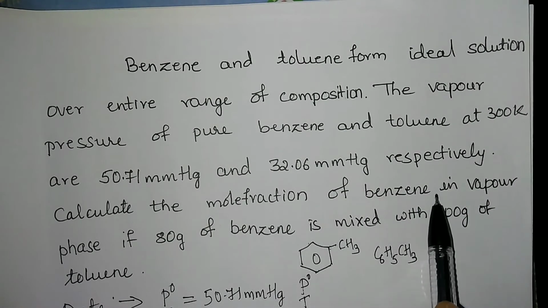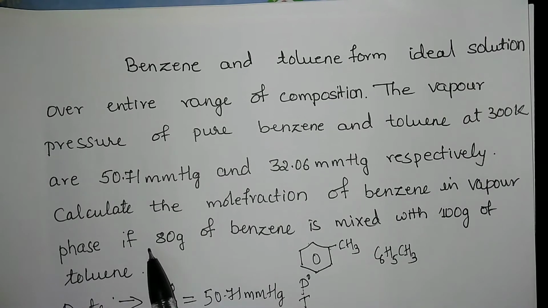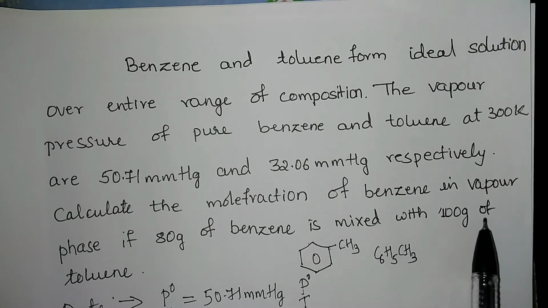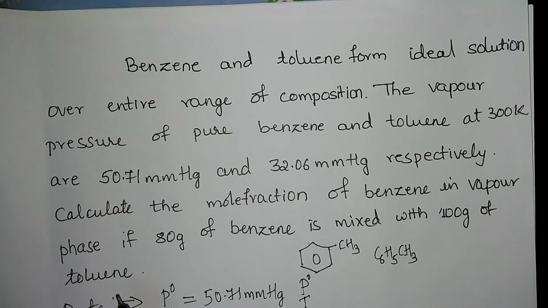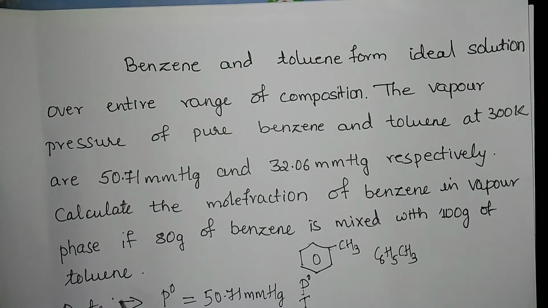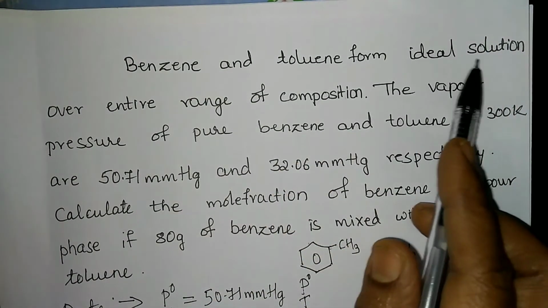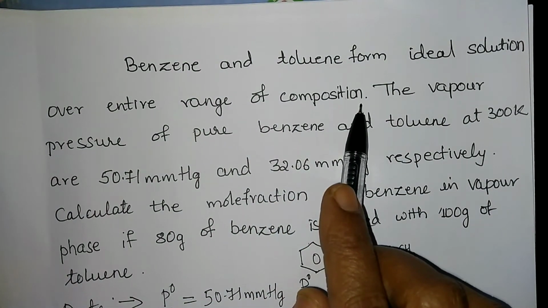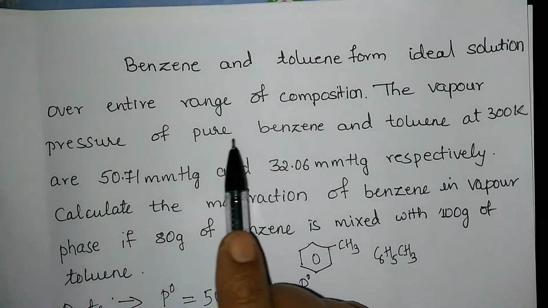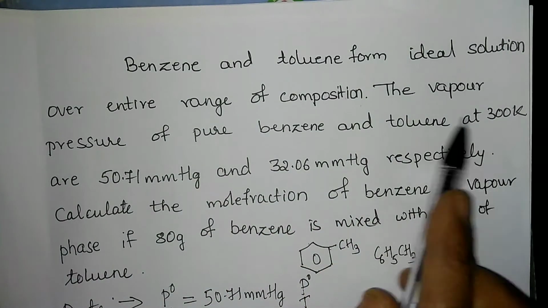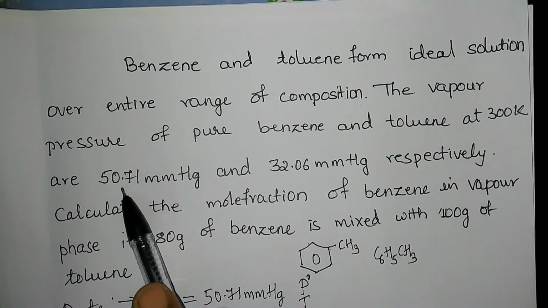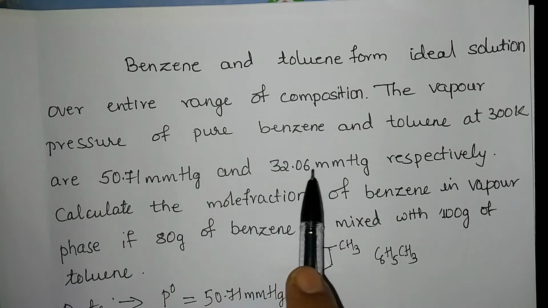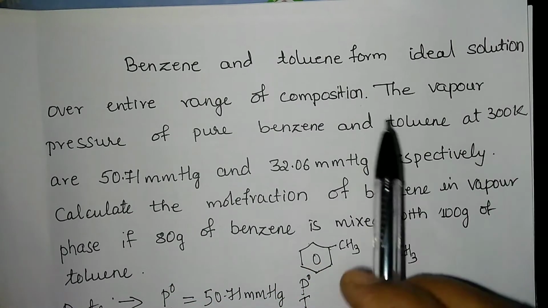Calculate the mole fraction of benzene in vapor phase if 80 gram of benzene is mixed with 100 gram of toluene. So first we will take the data. Benzene and toluene form ideal solution over entire range of composition. Next, they give the vapor pressure of pure benzene and toluene at 300 Kelvin as 50.71 and 32.06 mm of mercury respectively.